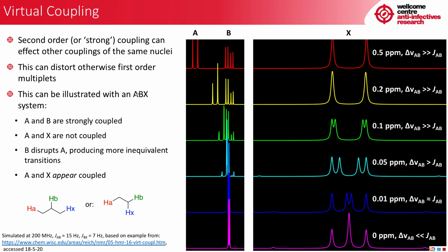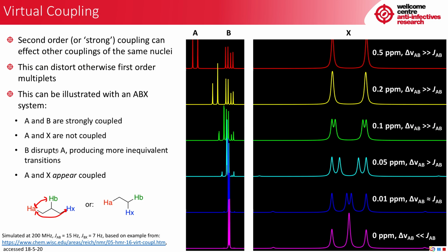So A and B will start coupled and become strongly so as their signals converge. A and X are further apart and are not coupled. And as B disrupts A, it produces more inequivalent transitions and makes the signal more complicated.